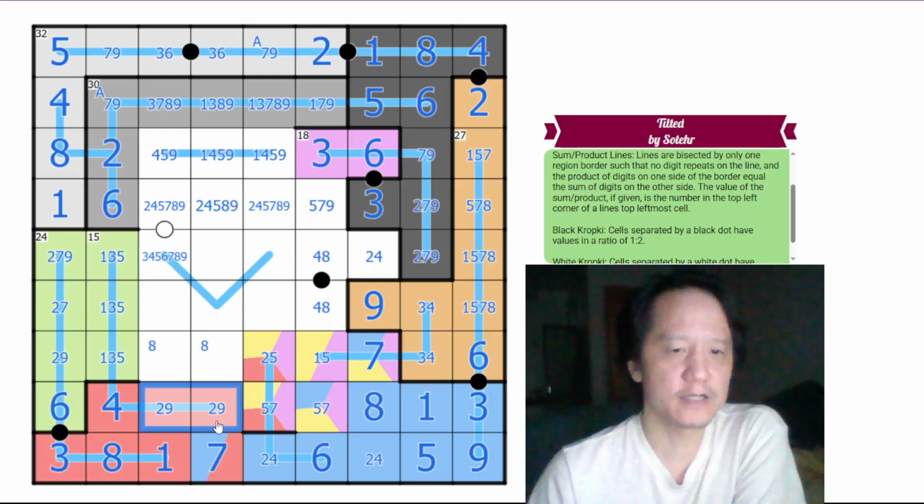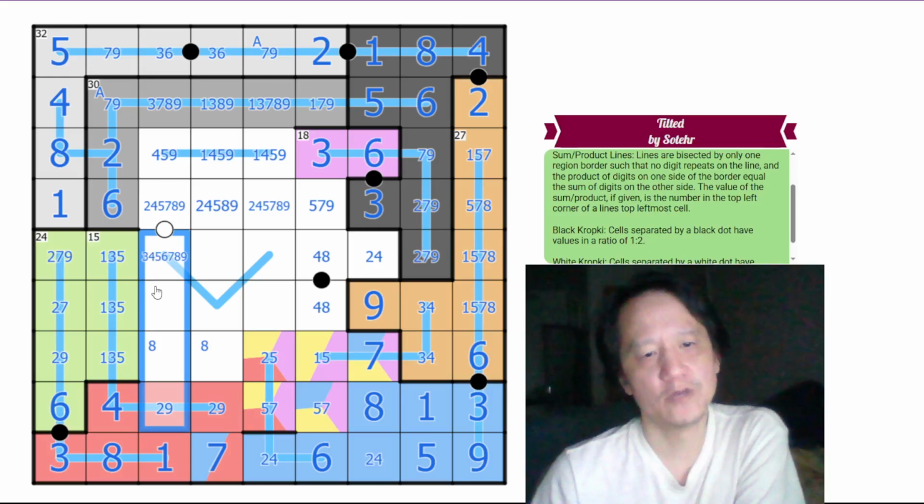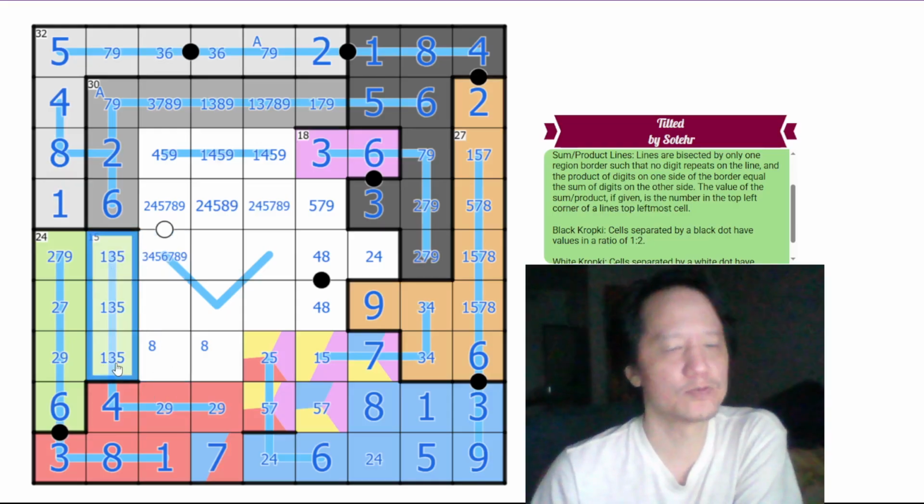This red needs access to a 6. It could be here, could be here, or here, or here. Okay, it cannot be here. If it goes to here, this would be blocked off here, right? 1, 2, 3. This would form a 7-cell region, which is not possible.